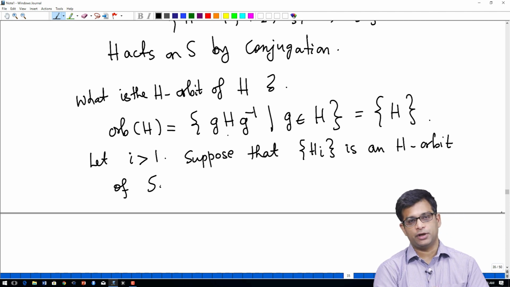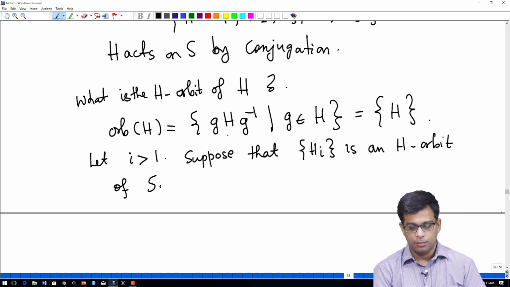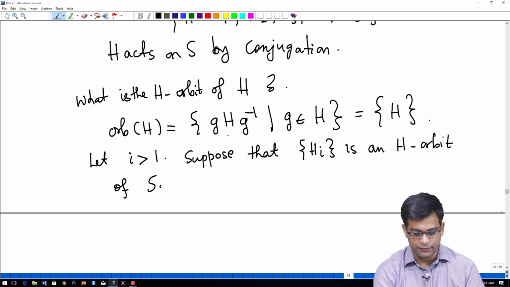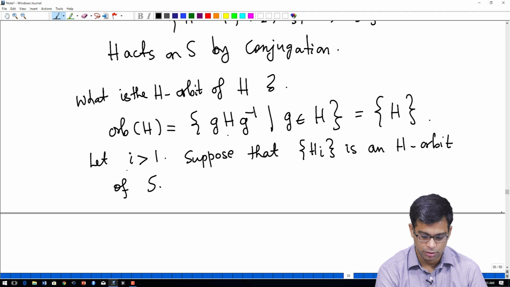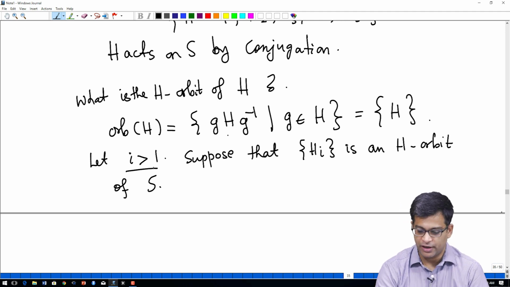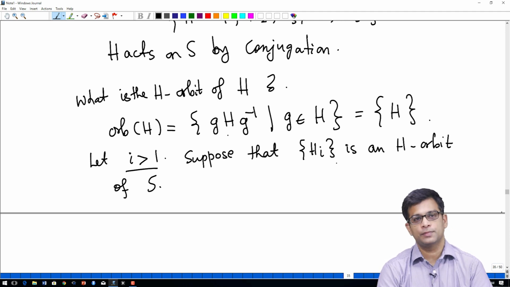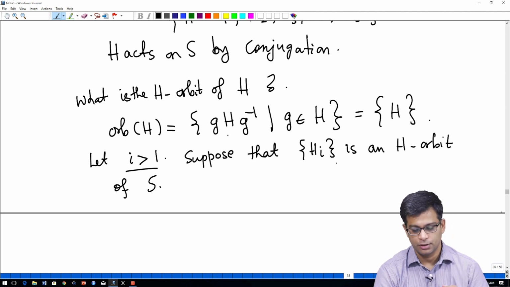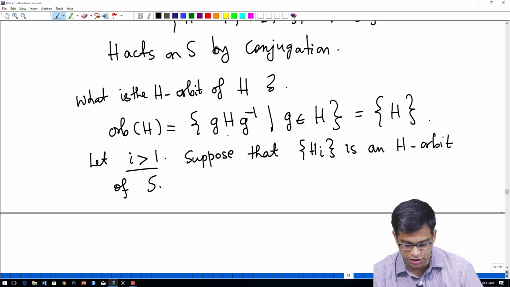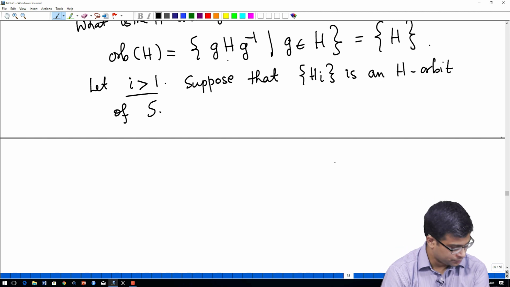Remember, I am looking at capital H acting on capital S by conjugation. Suppose that some Sylow P-subgroup H_i, different from H, so i is greater than 1, forms an orbit by itself. What can we say about H_i is what I want to understand.